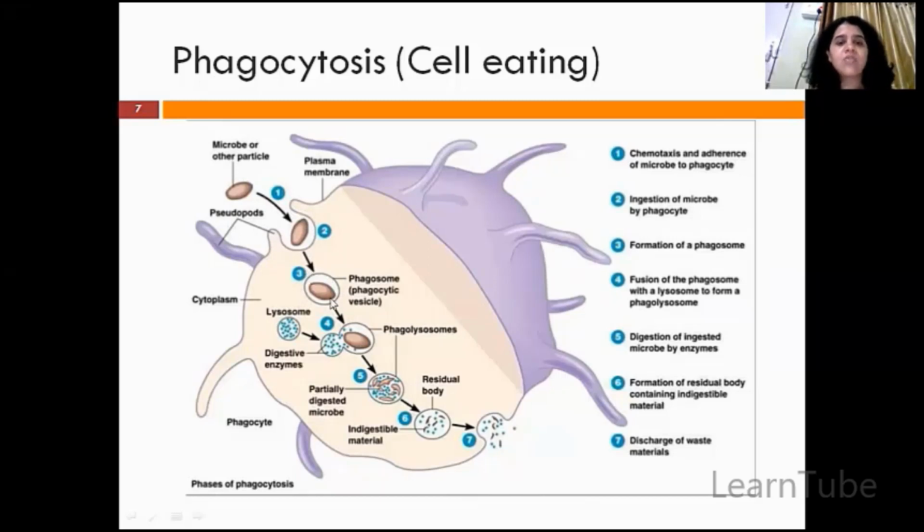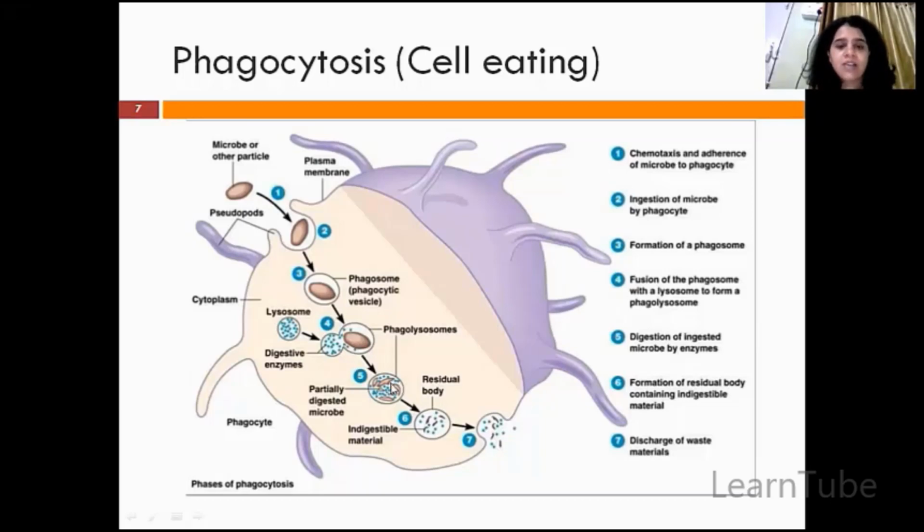Now this phagosome combines with a lysosome. A lysosome is like a ball, a vacuole containing all kinds of lytic enzymes. When the lysosome combines with the phagosome, it is known as a phagolysosome, and it will cause the breakdown of that particular bacteria due to the presence of the lytic enzymes.